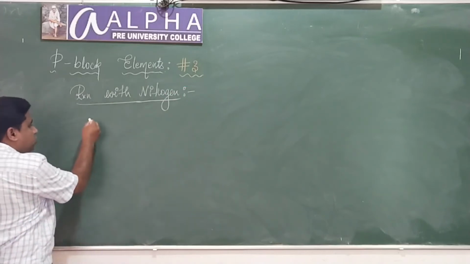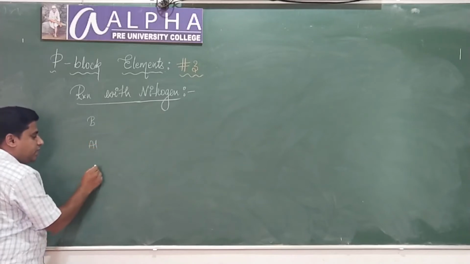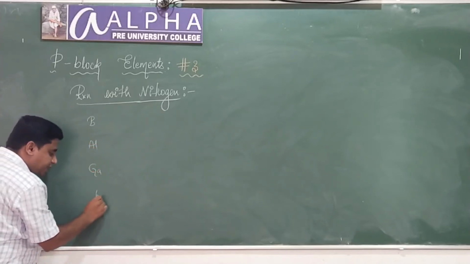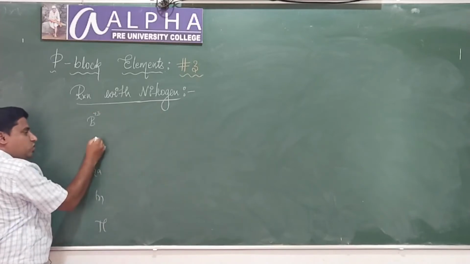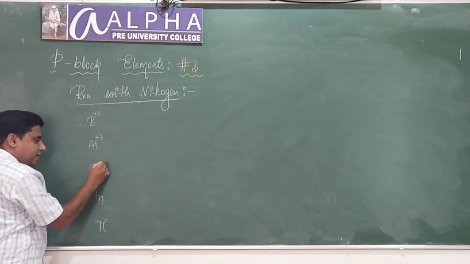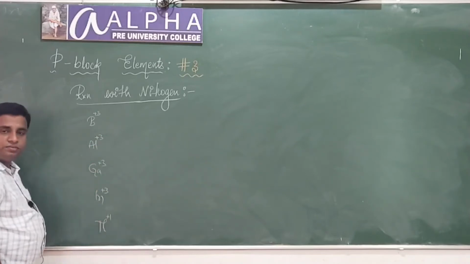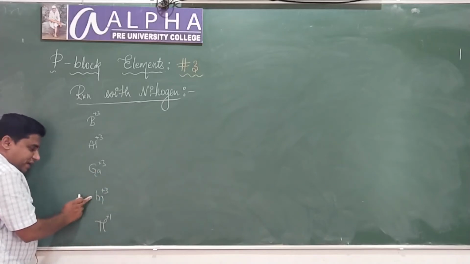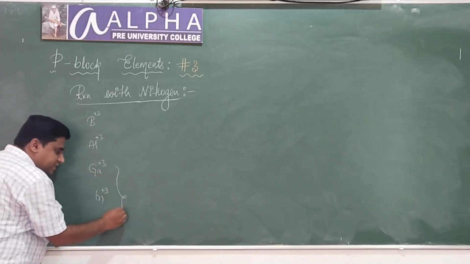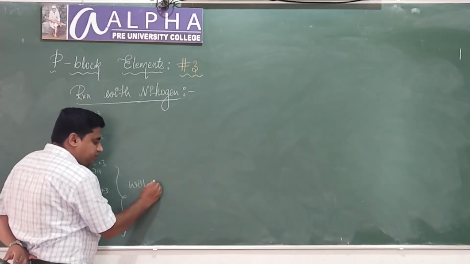We have boron, aluminium, gallium, indium and thallium. Boron is in +3 oxidation state, aluminium +3, gallium +3, indium +3 and thallium +1, correct?